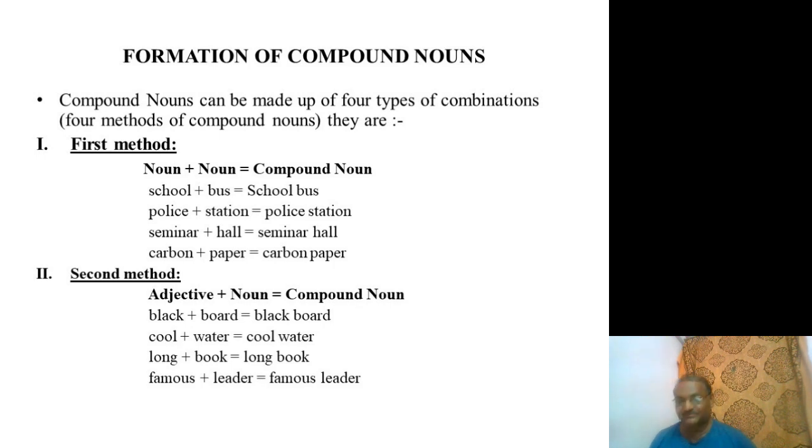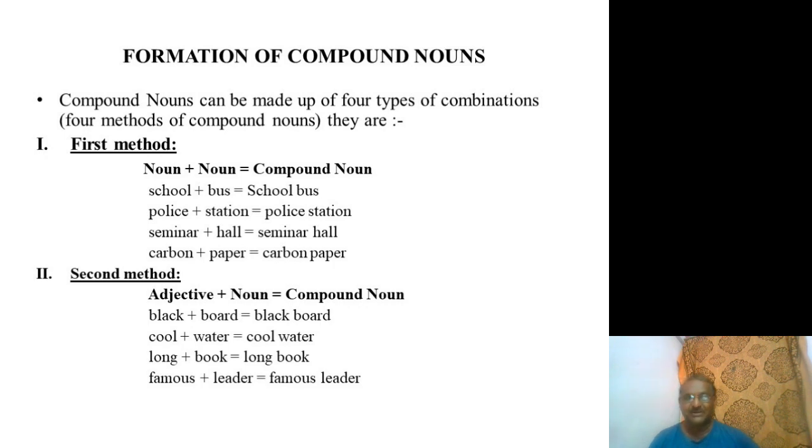Carbon paper. Staff plus room, staff room. Class plus room, classroom. Conference plus hall, conference hall. Lecture plus hall, lecture hall. Sports plus room, sports room. Tea plus stall, tea stall. Medical plus shop, medical shop.